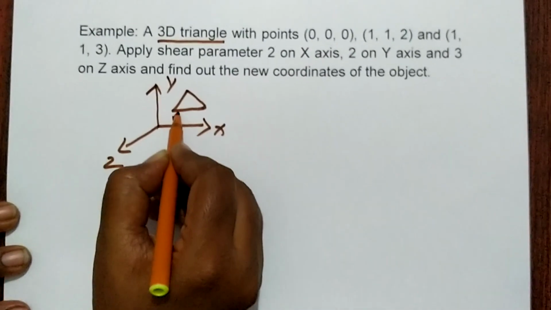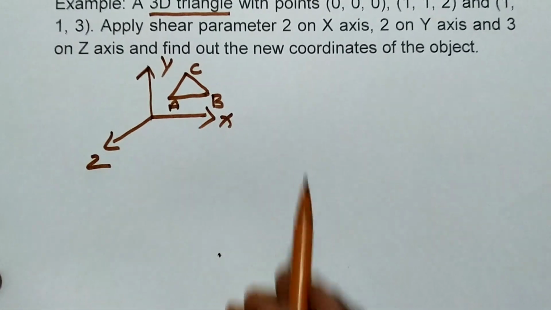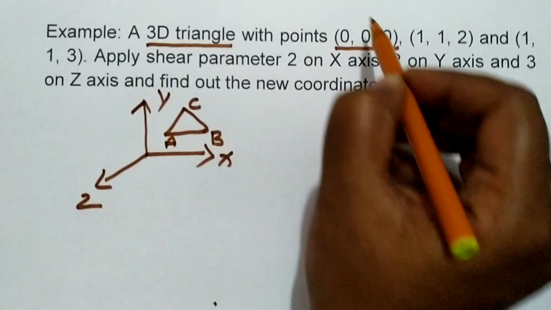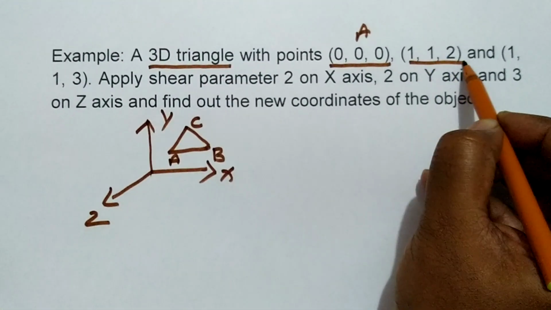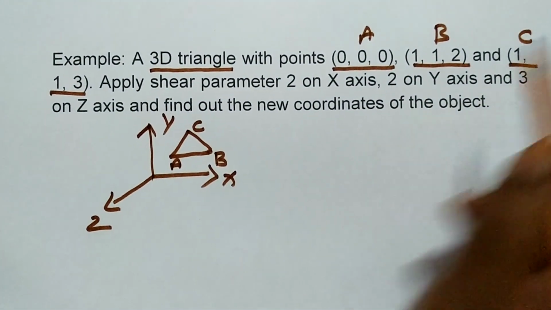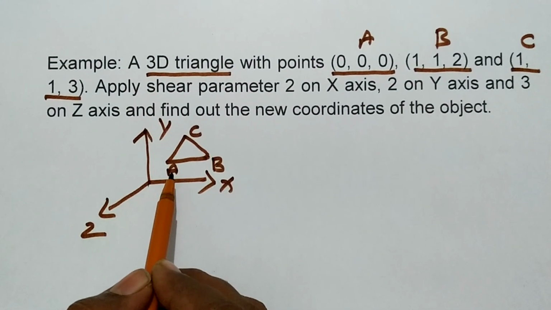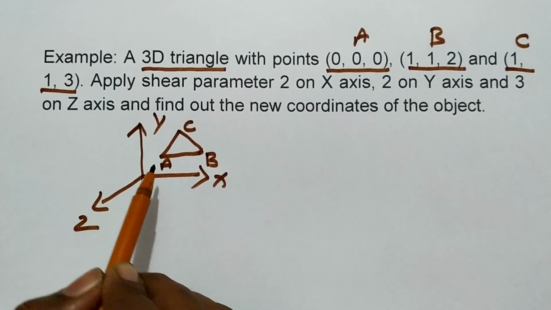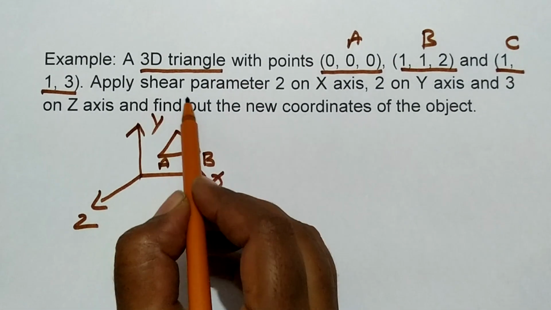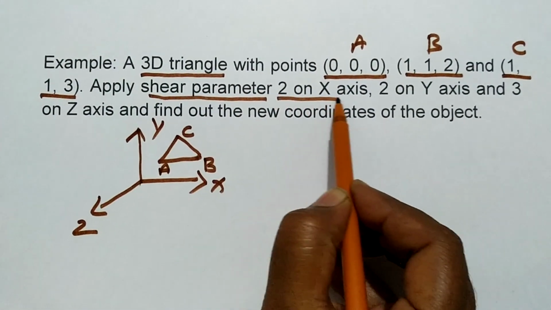A 3D triangle has three coordinate points. We will call them A, B, C. We will call this A, this B and this C. They have given three coordinates of the 3D triangle. Now we need to perform the shearing technique. To perform it, in the question they gave a shearing parameter of 2 on the x-axis.